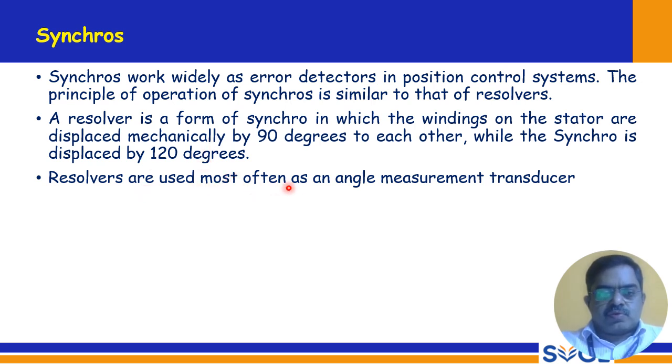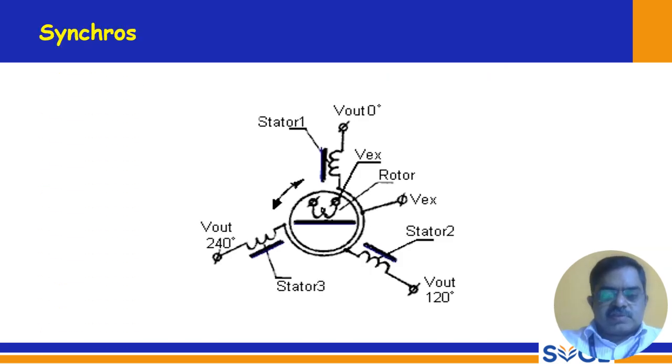Synchros are used most often as angular displacement transducers. So this is the construction. You can see stator 1 and stator 2 are at a 120-degree angle, and stator 2 and 3 are placed 120 degrees apart, and this is 240 degrees from 0, and the angle between stator 1 and 3 is also 120 degrees. So stators are placed 120 degrees apart.